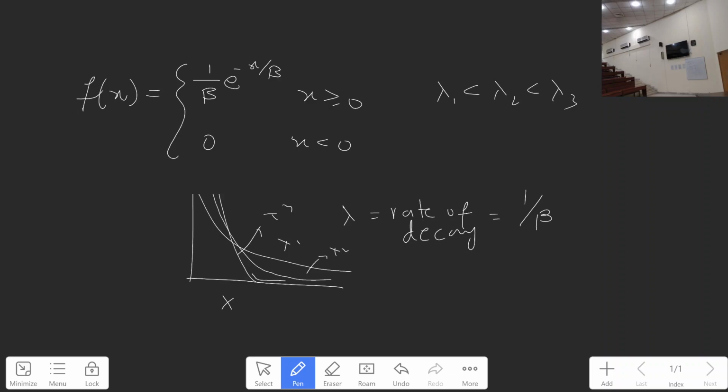Some books write it as lambda e to the minus lambda x. Your textbook has a beta, so I just changed it. Just remember, it's just the inverse of the decay rate. So 1 over beta e to the minus x over beta. This thing, if you draw it, shows exponential decay. And this kind of distribution, we call it exponential distribution. How many parameters does this distribution have?